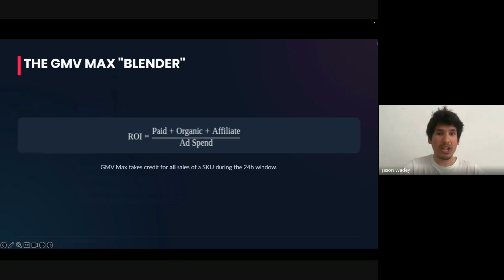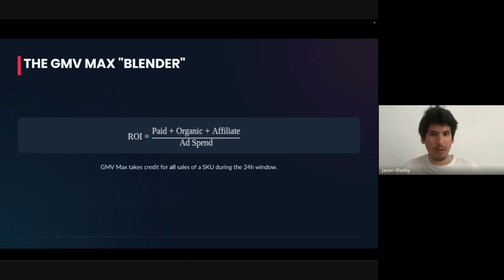For anyone who doesn't know, GMV Max is the system. It's this new ad system in the last year or so that TikTok's been rolling out. It's in full effect at this point, where what TikTok does, instead of you sniping specific ads, instead of you finding certain videos that you think would do well and then putting ad spend behind it, TikTok looks at all of the videos.